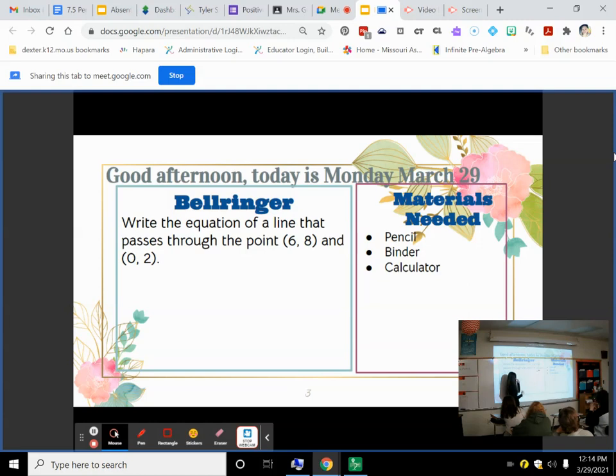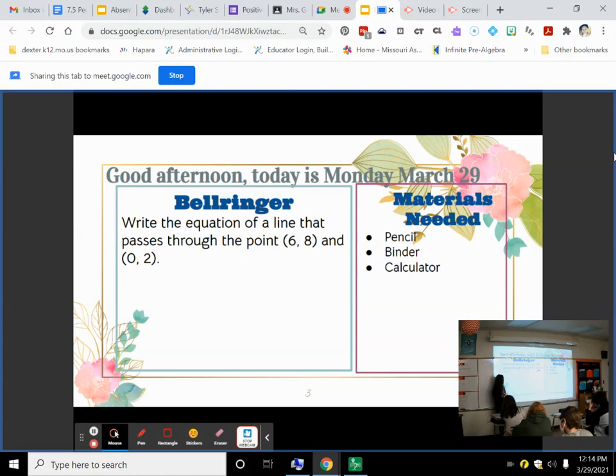So where your graph goes through the y-axis? Okay, so where does your graph cut through the y-axis at? What number? 2. So it's y equals 1x plus 2, or just x plus 2. Okay. Do y'all agree? Did y'all get that same equation, y equals 1x plus 2? Okay.